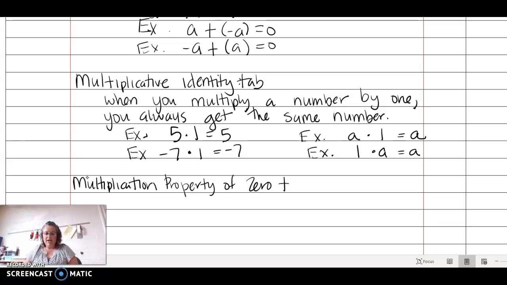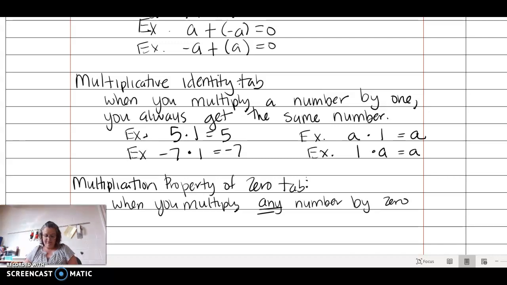And this is that tab for that one. So when you multiply any number by 0, you get 0.